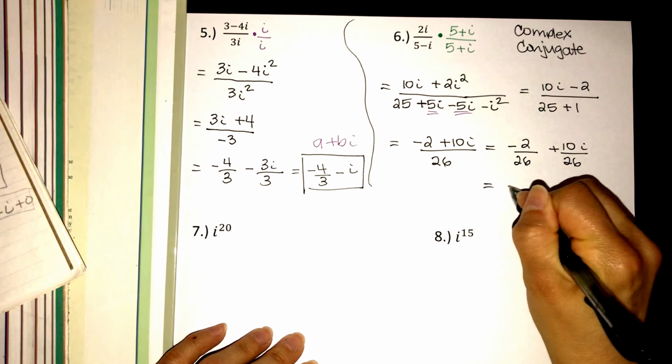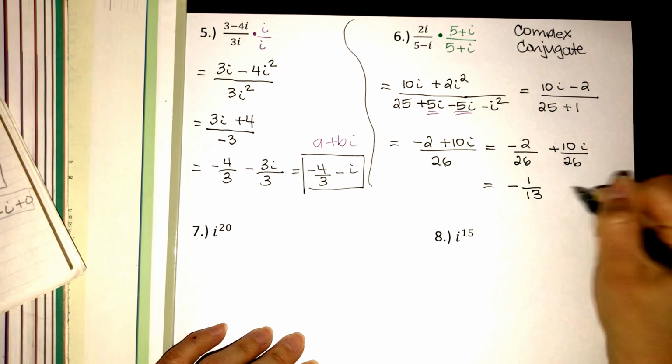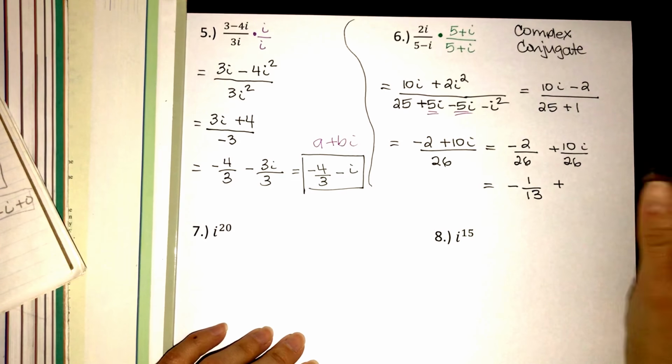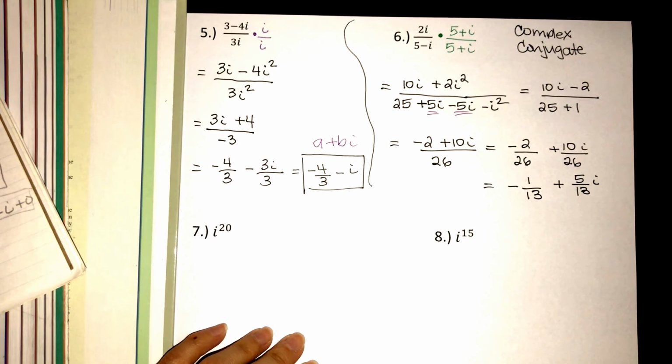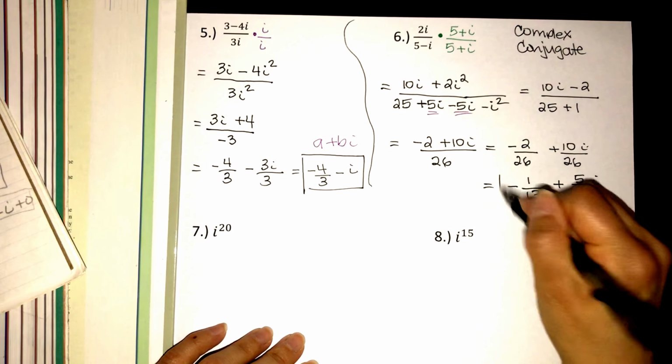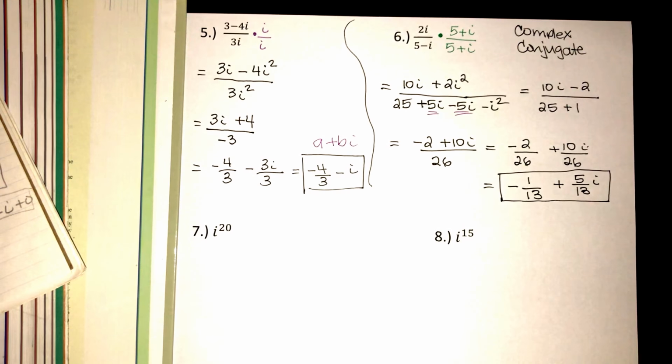So this is my final answer, negative 1 over 13 plus 5 over 13 i. You can put i in the numerator or in the middle of the fraction. You cannot put i in the denominator. That is our final answer. It's completely simplified and reduced.